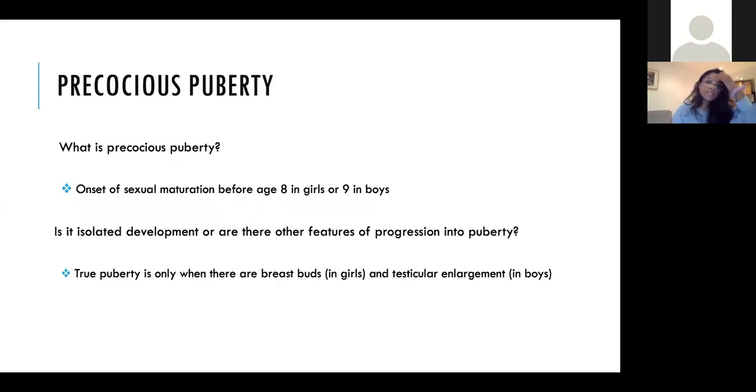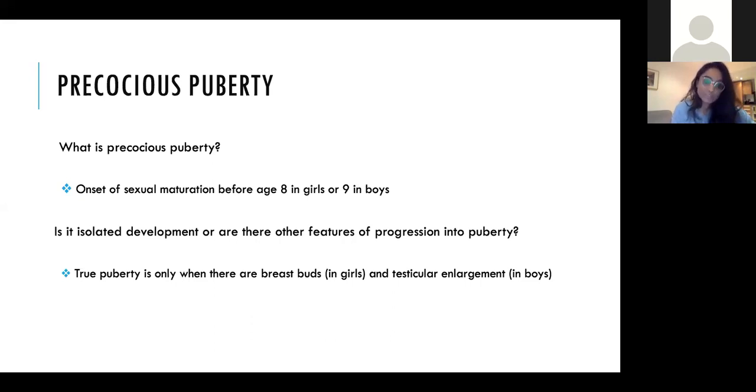Okay, so we will now talk about precocious puberty. So what is precocious puberty? This is something that we quite often see in general pediatric outpatient clinic. By definition, it is onset of secondary sexual characteristics before 8 in girls and 9 in boys. But you have to ask yourself, is it just one characteristic?